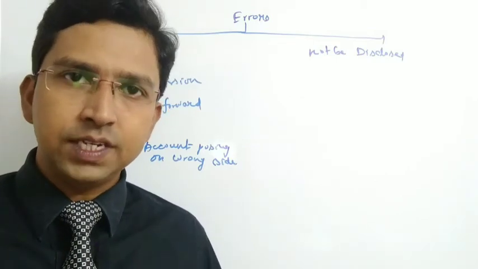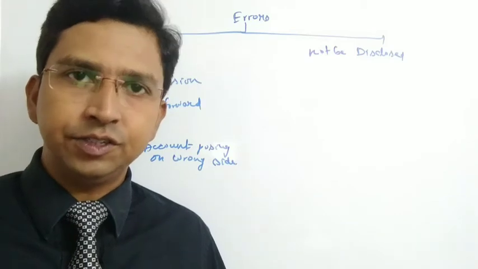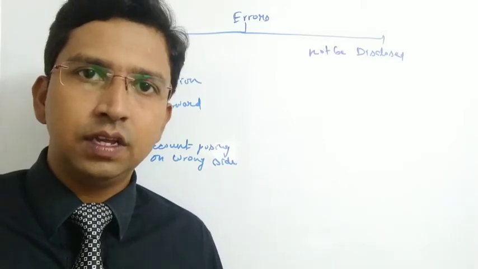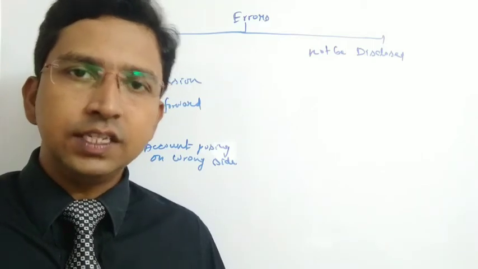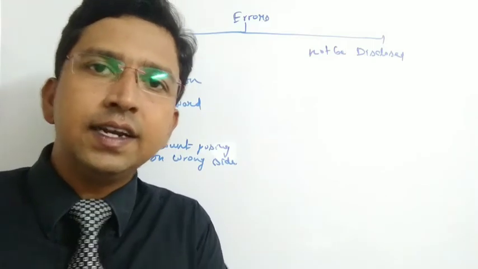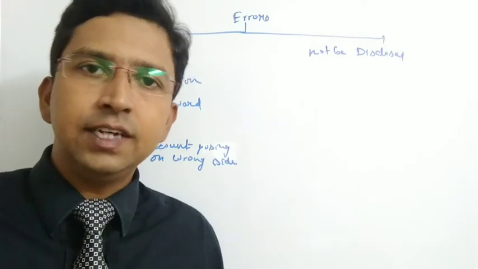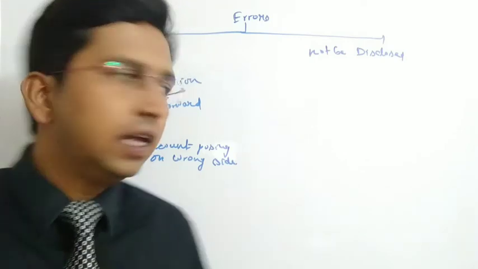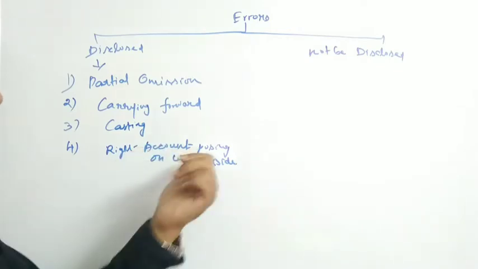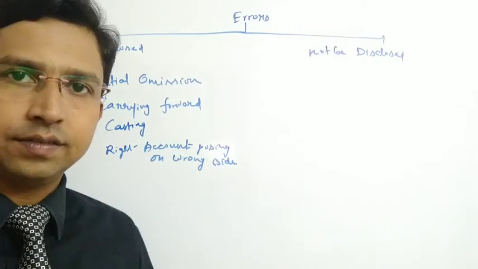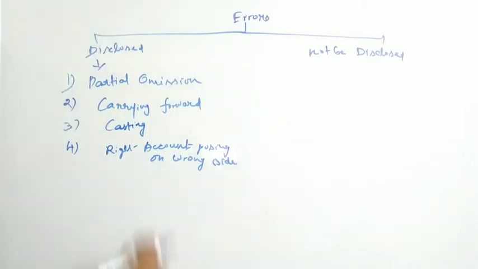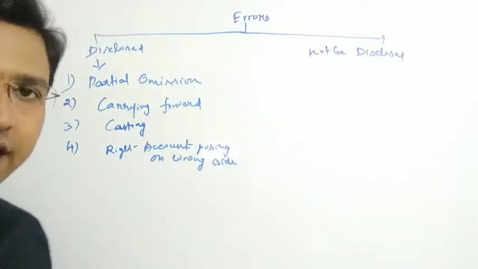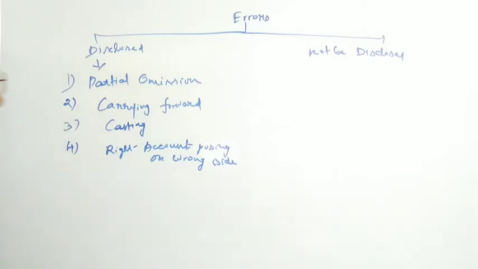When we are posting this journal entry into the sales account, the opposite account name, Raja account, should come on the credit side of the sales account. Instead of that, if we write it on the debit side, then it is termed as right account posting on the wrong side. So these kinds of errors can be identified with the help of the trial balance.